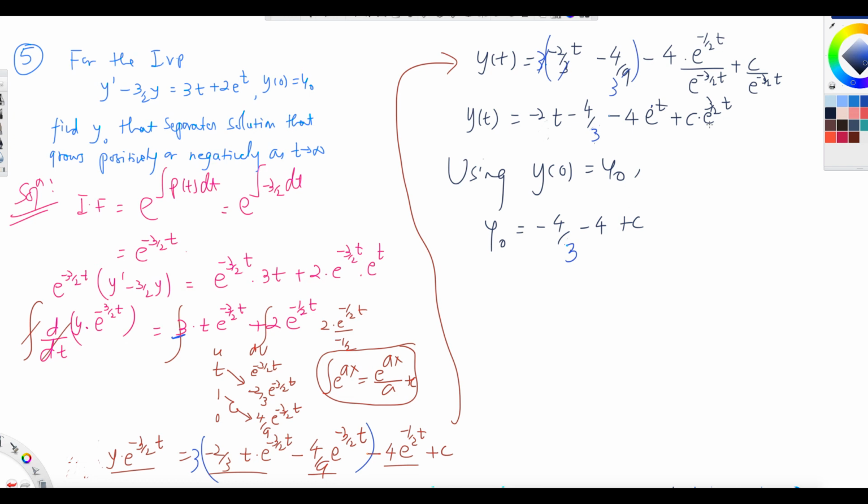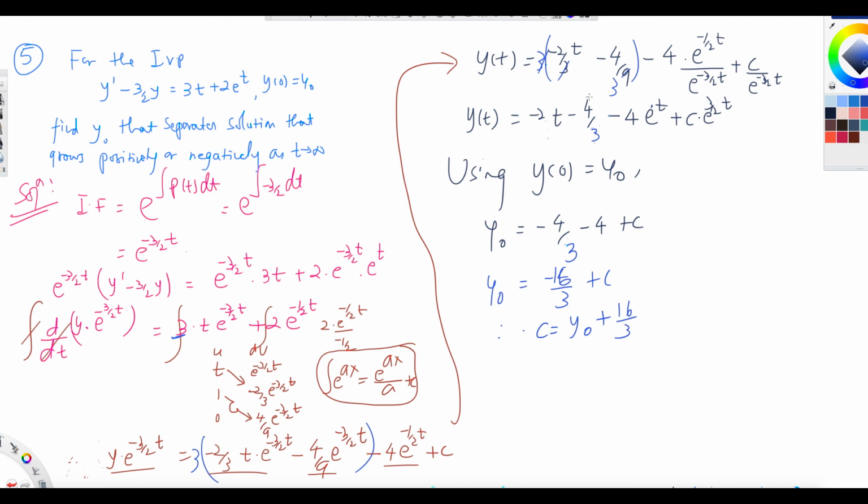So negative 4/3 minus, is that 19/3? No, 12/3, right? This is 12/3. So 16/3. So y0 equals negative 16/3 plus c. Therefore, c equals y0 plus 16/3. That's what you get.